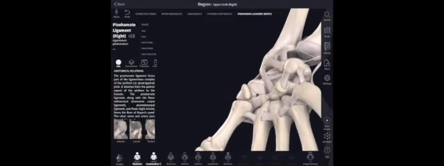And one of them is this guy right here, the pisohamate ligament. As we mentioned earlier, the pisiform is protruding anteriorly. If I rotate here, you notice that the pisohamate ligament creates a nice tunnel between the pisiform and the hook of hamate. So these two protrusions on the medial aspect of your palm have this ligament over them and create a tunnel. We're going to talk later about what is running through it, but briefly, it's the ulnar nerve and artery.